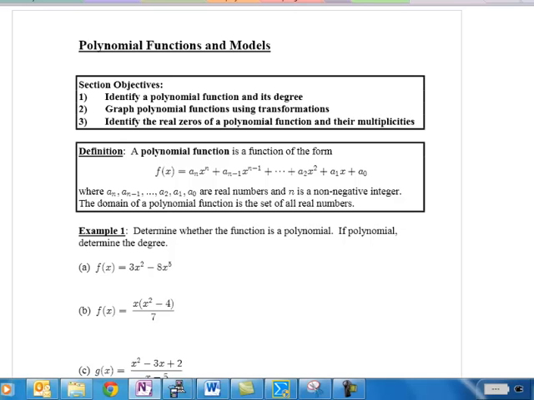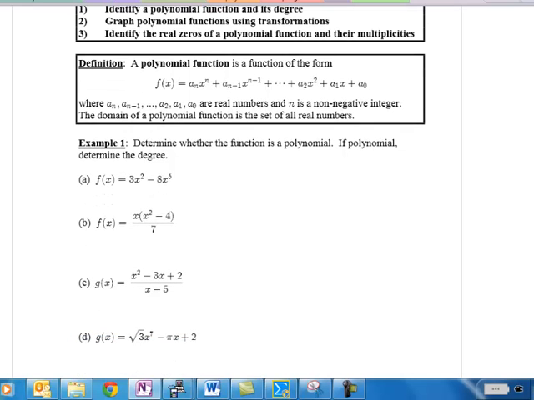So, definition first. A polynomial function, that's what we're trying to define here, is a function of this form, and this looks complicated, but we've got a coefficient times x to the n, another coefficient times x to the n minus 1, and so on. This pattern, coefficient times x squared plus coefficient times x plus a coefficient.